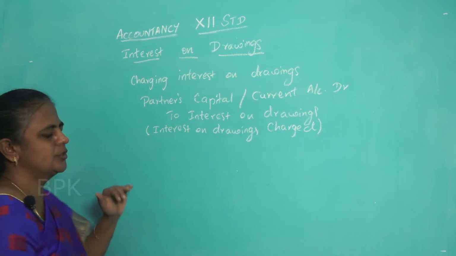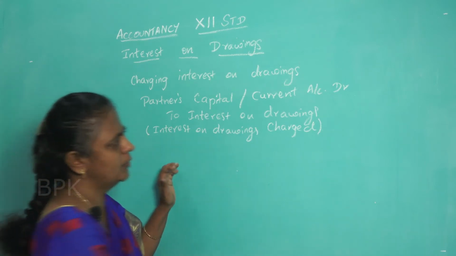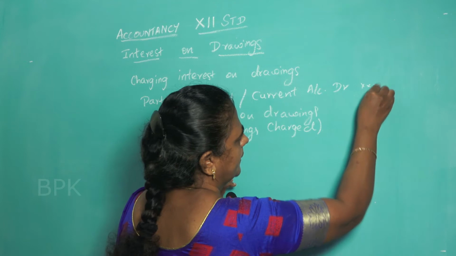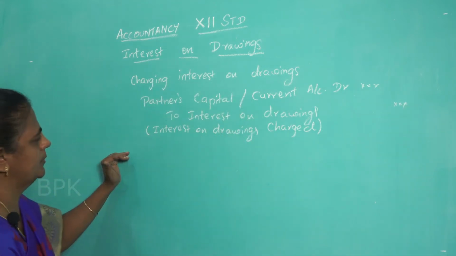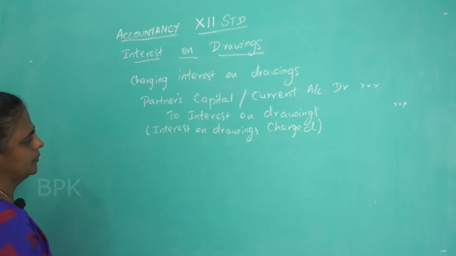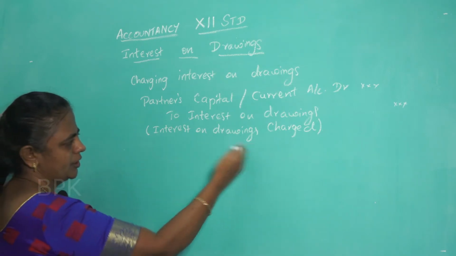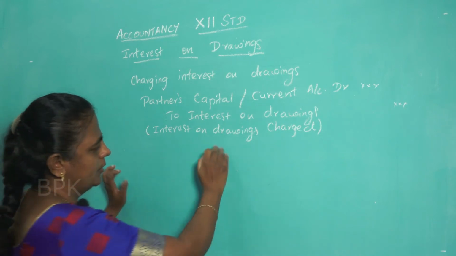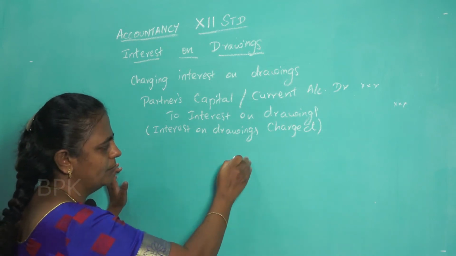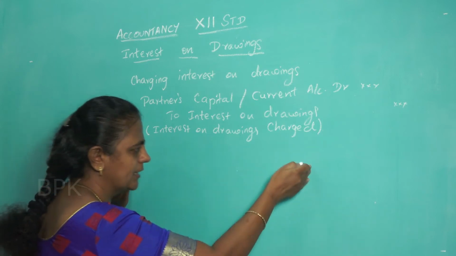When you post it to profit and loss appropriation account, what do you have to do? It is just like the P&L account, how you prepare in final accounts. In the profit and loss appropriation account, we write by interest on drawings on the credit side.